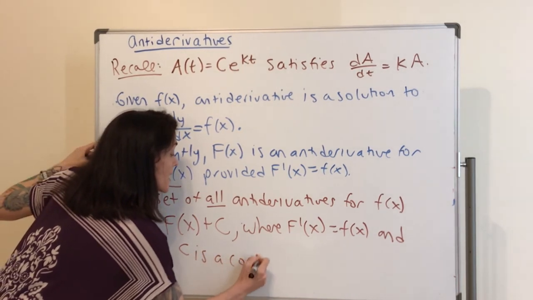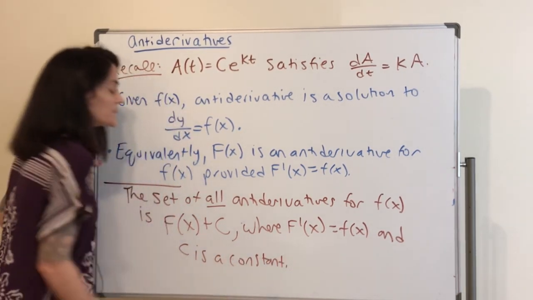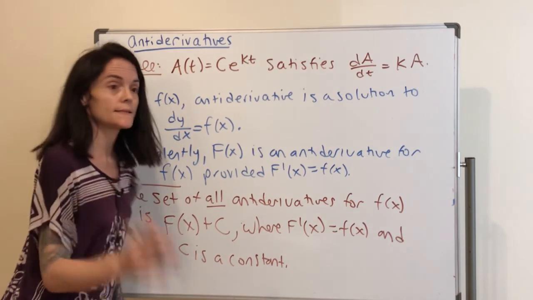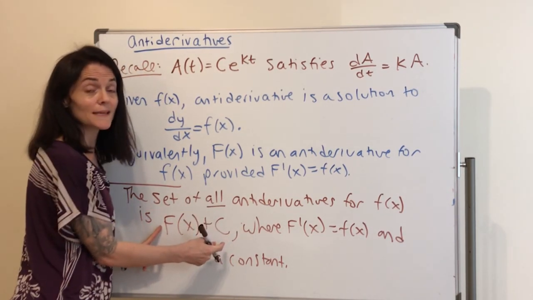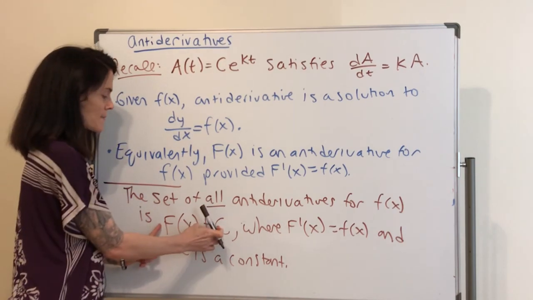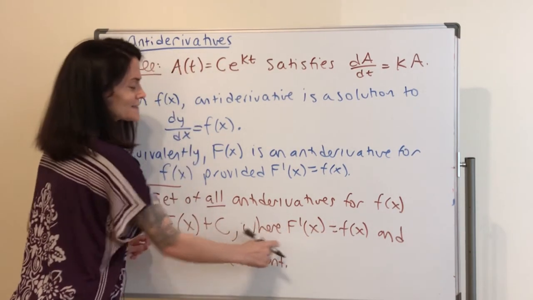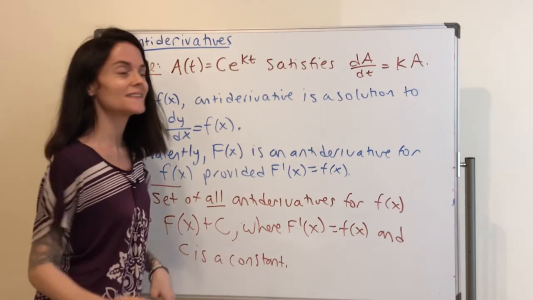Now you can think about this really. We know the derivative of a constant is 0, and so this thing, capital F of x plus c, will certainly have the same derivative as just capital F of x.